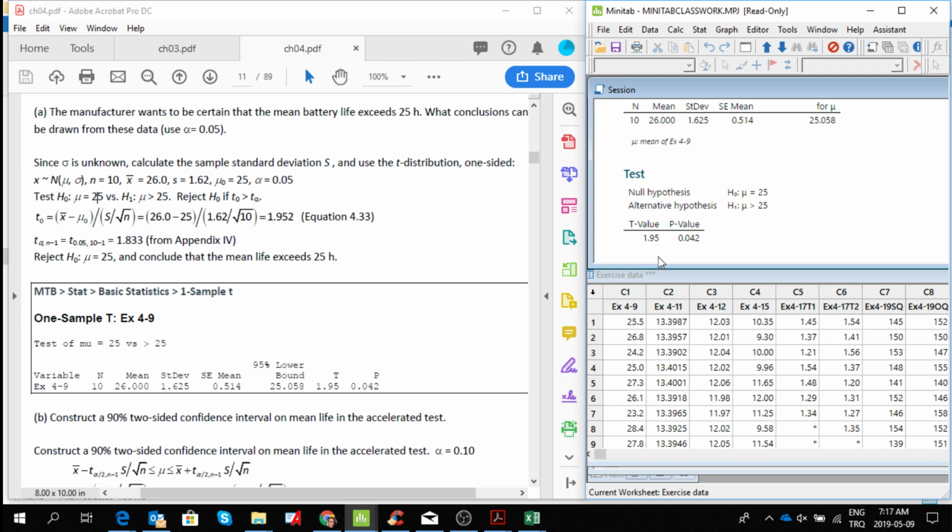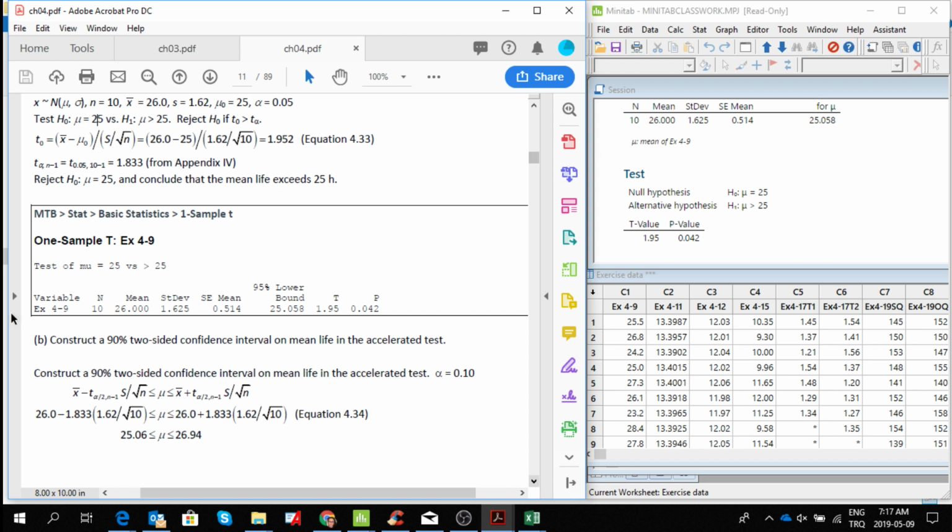And then the t value is 1.95, as we found earlier by hand, and the p value is 0.042. So alpha is 0.005, p is 0.042, p is less than alpha. So for any alpha value that's greater than this p value, we reject the hypothesis. So that's the answer to part A.